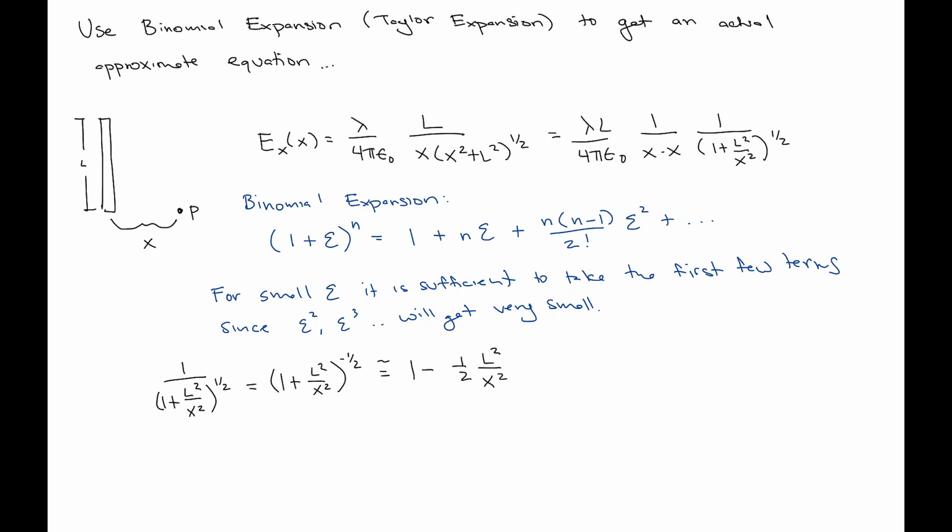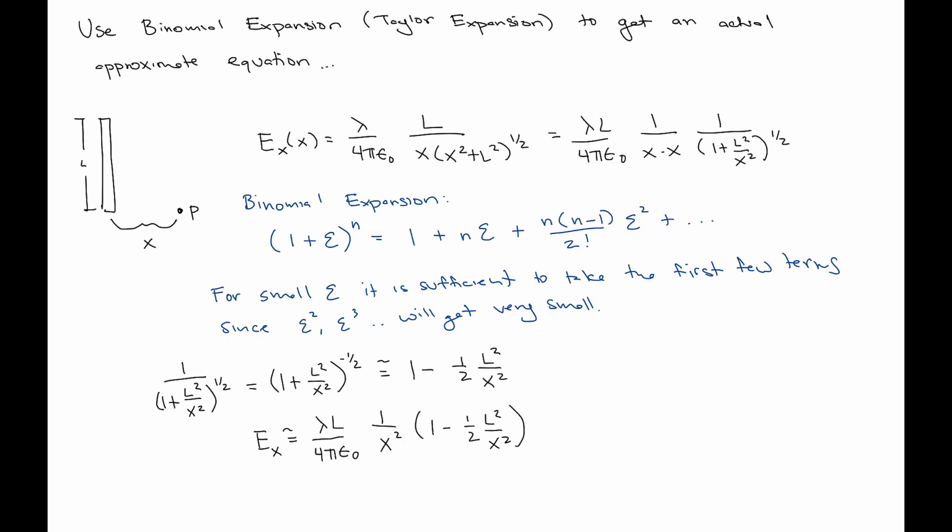This approximation means that now I have an equation that tells me not just what the electric field trends to, but I've got a higher order term. I've got a term that tells me the first order of the error, how big the deviation is from our previous approximation. So if I rewrite it, this part is basically what we already figured out: it looks like a point charge.